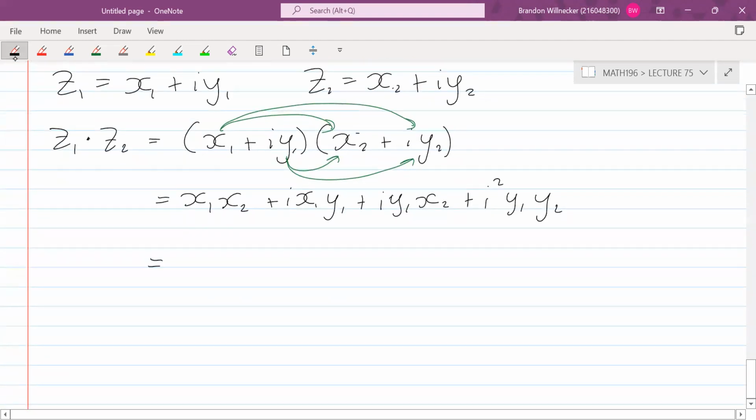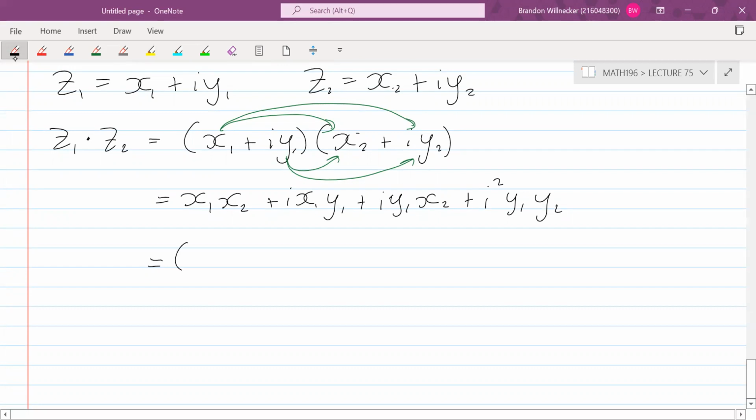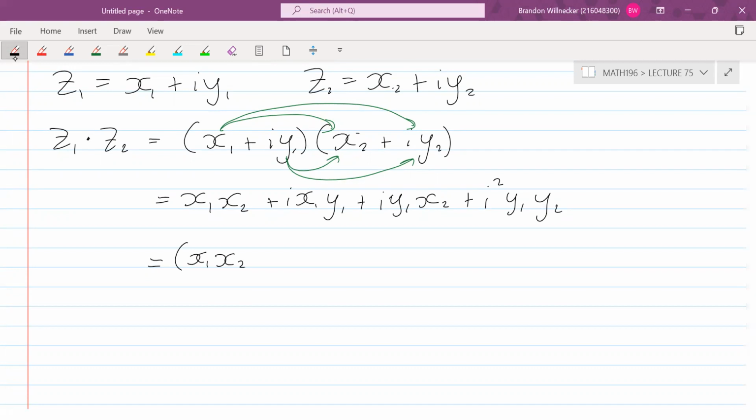Okay, so again, we can write this in terms of a real part and an imaginary part to make it look like a general complex number again. So x1 x2, and i squared, that's going to be minus 1. So we have minus y1 y2 plus i, we factor that out, x1 y2 and y1 x2.